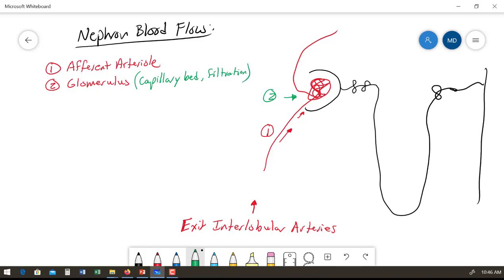So we're getting filtration of the blood across the gap here. So the red area is the glomerulus, and basically we're having filtrate coming off over on this side where these little blue arrows are that I'm drawing. And there eventually that filtrate is going to flow into the tubules over here that are part of the nephron. But here we're focusing on blood flow, so let's stick with the blood flow here. Third step is the blood is now going to come out of the glomerulus, and it's going to flow into the efferent arteriole.